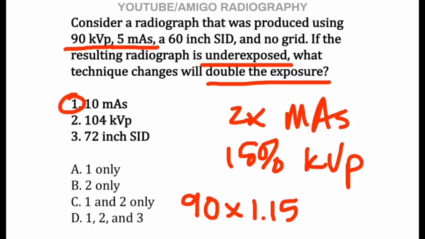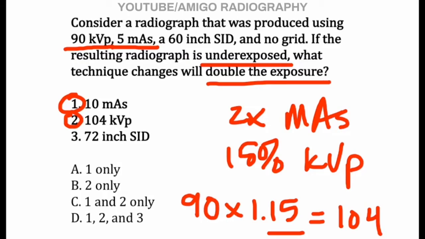And you might be wondering, that's not 15%. But actually, the 15% is right here. A simple way of increasing a number by 15% is simply to multiply it by 1.15, and that would give us a new kVp of 104. And so we know that this second option is also true.